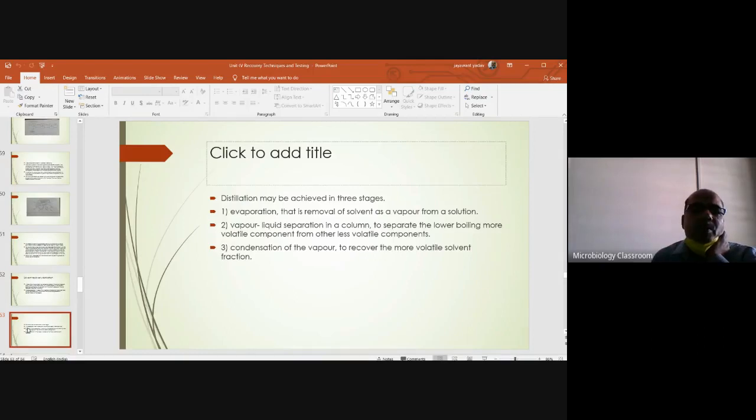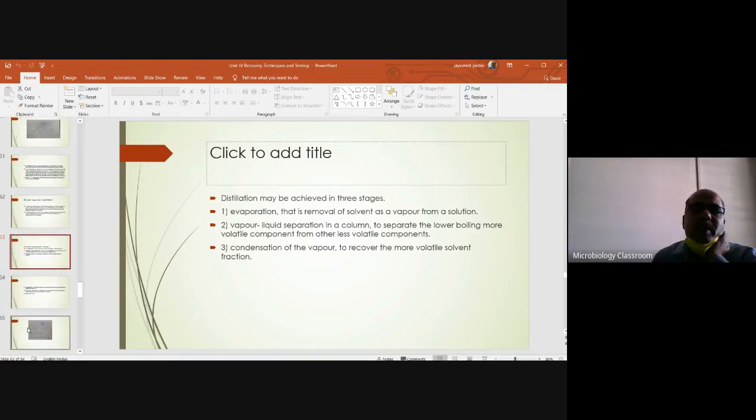When you go through the scientific literature, you will find that distillation may be carried out in three stages. The first step is evaporation, that is the removal of the solvent as a vapor from the solution.